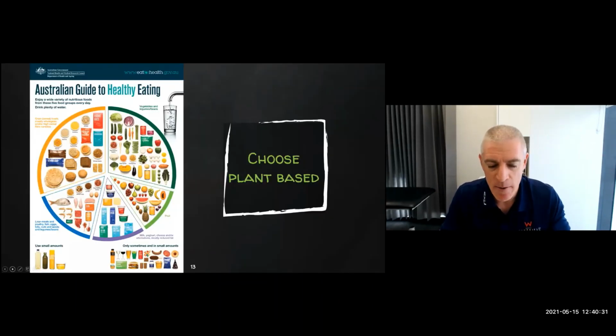The other thing that's potentially important, and I put up the Australian Guide to Healthy Eating here, which is nothing new, it's been around for quite a long time, is meant to represent the balance across your whole eating pattern.